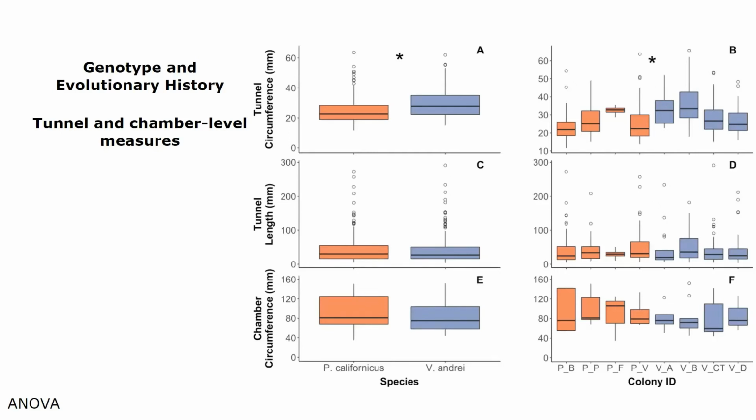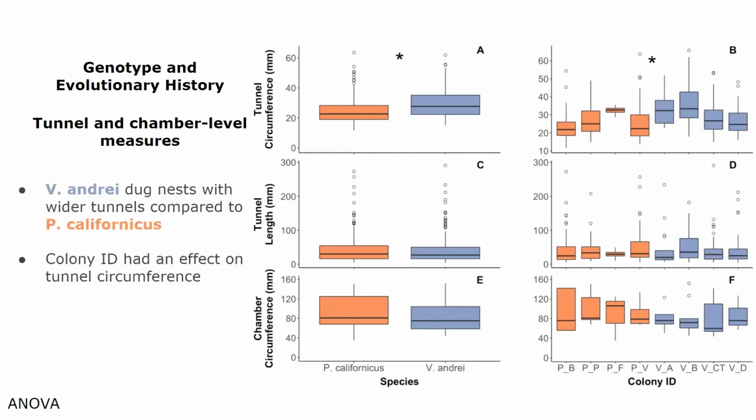On the left, we're looking at the impact of species on these three measures, and on the right, we're looking at the impact of colony ID on these three measures. And overall, we found that Veromessor andrei dug nests with wider tunnels compared to Pogonomyrmex californicus, and you can see that in panel A. And we also found that colony ID had an effect on tunnel circumference in panel B.